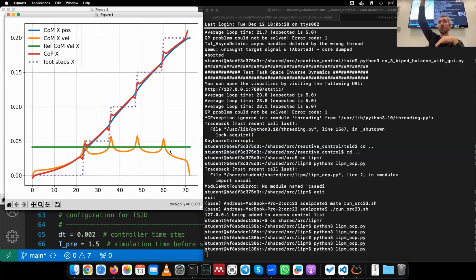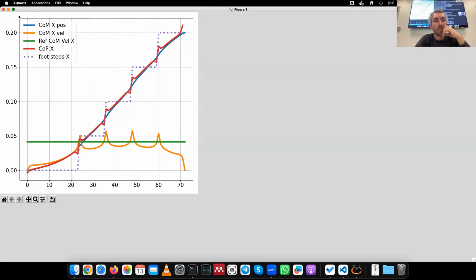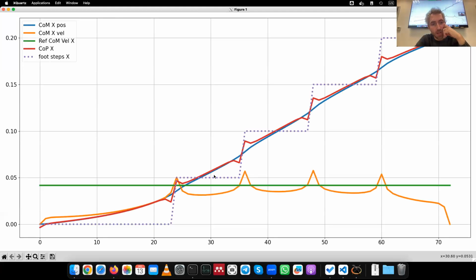So the spikes are much smaller, which is reasonable because that's what we asked. But the downside of this is that now our COP is not tracking well the footstep configuration. So we can see the COP is this red line. And now the COP is very close to the COM.